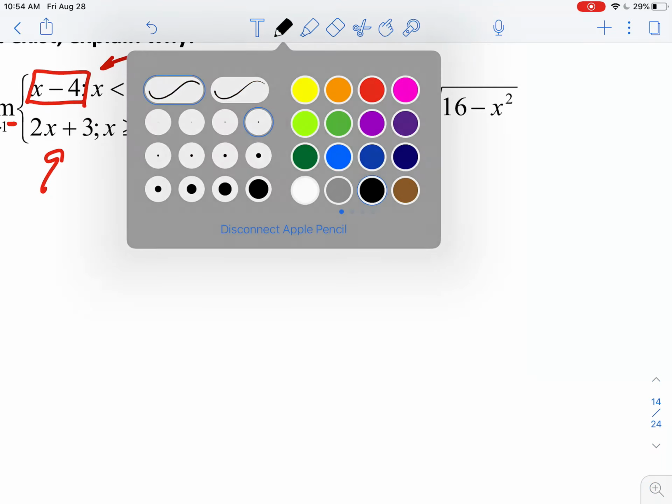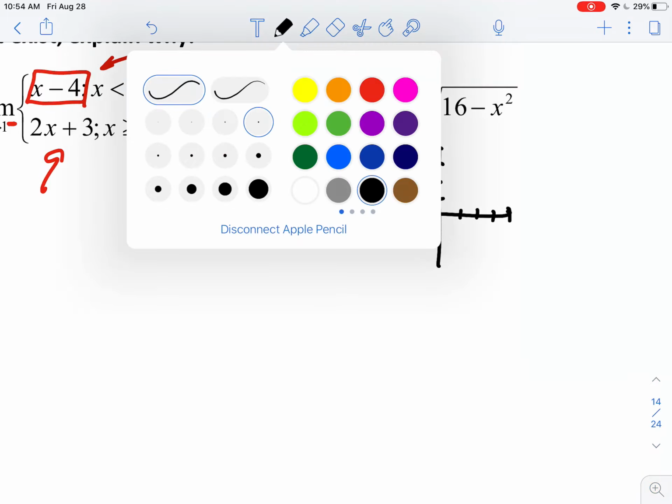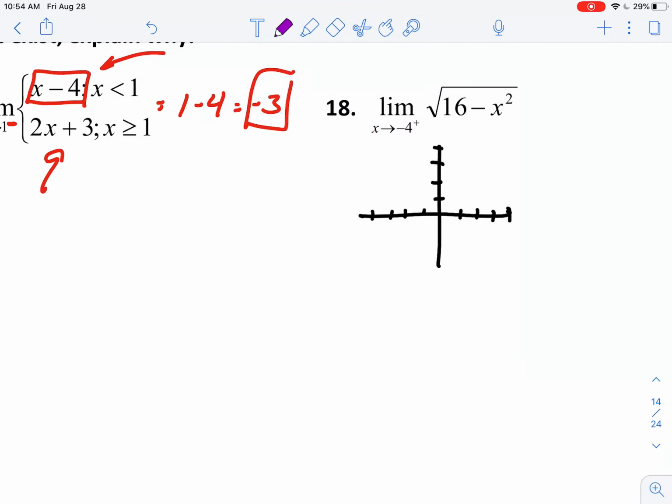All right, again, graphs would help me out a lot here. Hopefully, this is one you should definitely remember if you don't. The square root of 16 minus x squared is basically, the graph is a half circle. And the half circle has a radius of 4, the square root of 16.